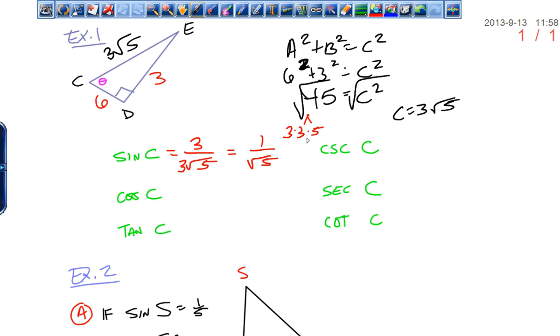All right, for cosine, that's what over what? Adjacent over hypotenuse. So that's going to be 6 over 3 root 5. So that's 2 over root 5.